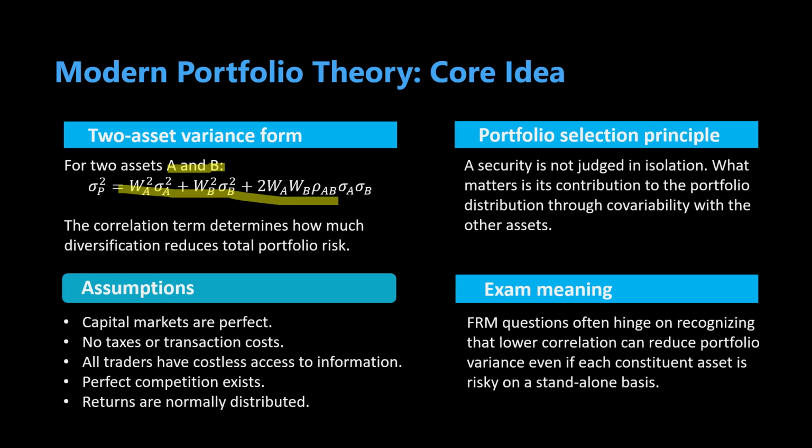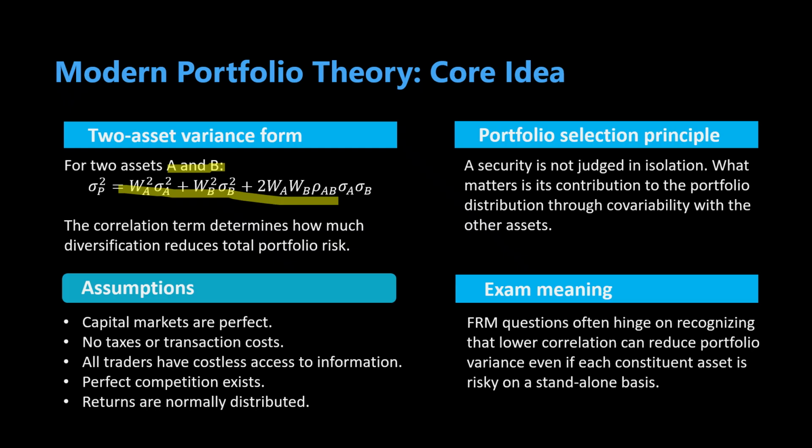Multiplying the correlation coefficient with the standard deviations of the two assets, sigma A and sigma B, gives us the covariance between both. The first two terms here are the weighted individual variances. The third term is the cross term and is the engine of the model.